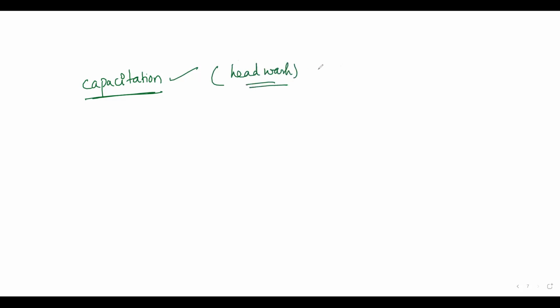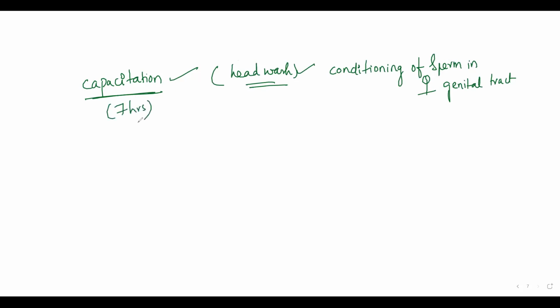In simple terms I told you, but scientifically you call it conditioning of sperm in the female genital tract. This is being called capacitation. This takes 7 hours of time.